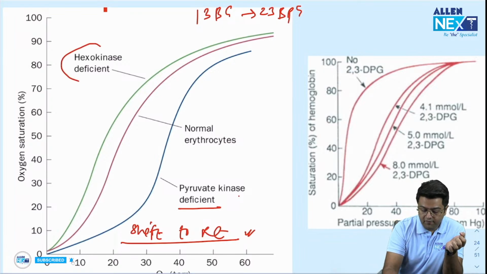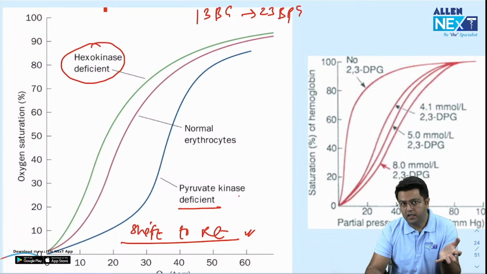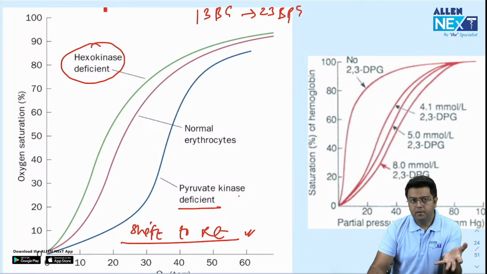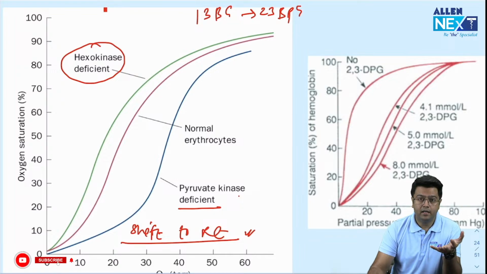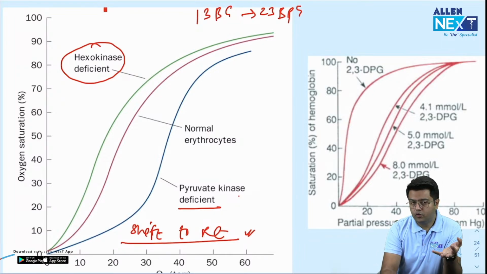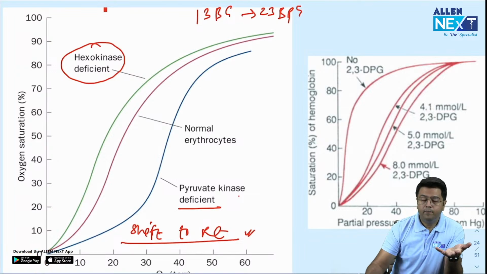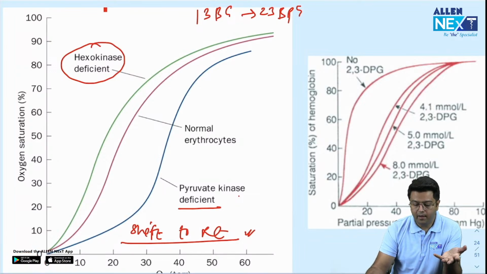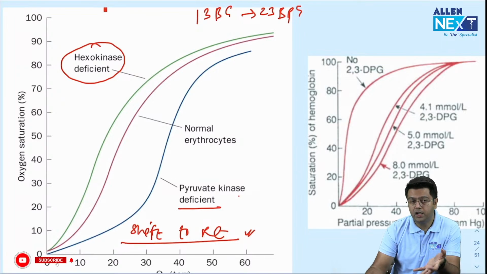Hexokinase deficiency is also one of the causes of anemia, simply because RBCs have only one source of ATP, and that is glycolysis. If hexokinase is deficient, then obviously less ATP is produced, causing anemia or weakness of the membranes, because the membranes have sodium-potassium pumps and ATP is always required there.